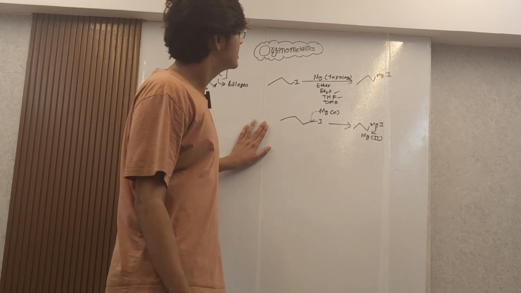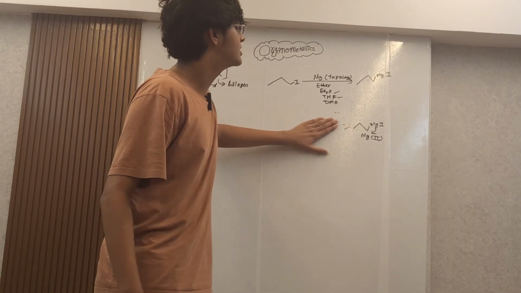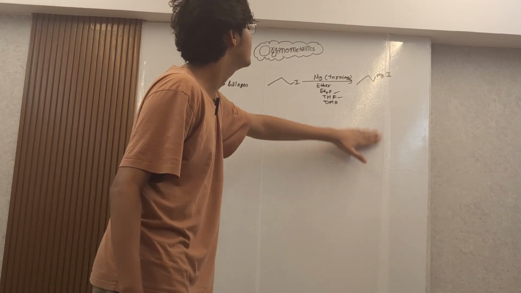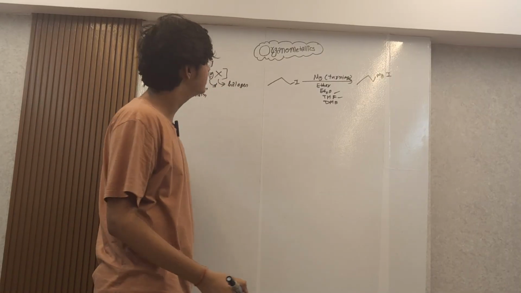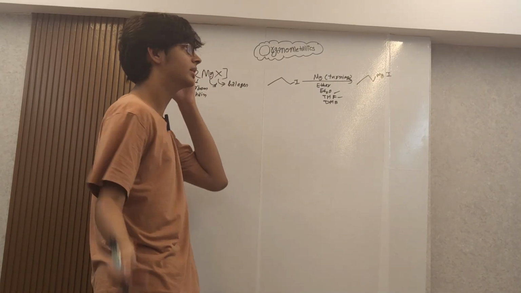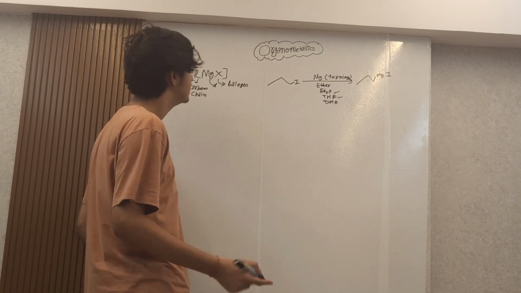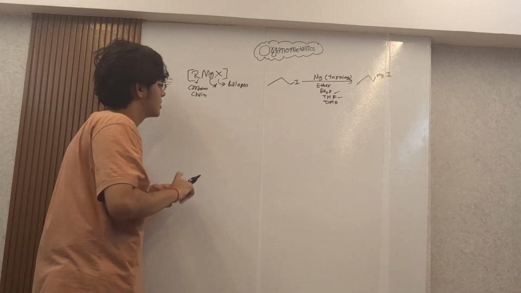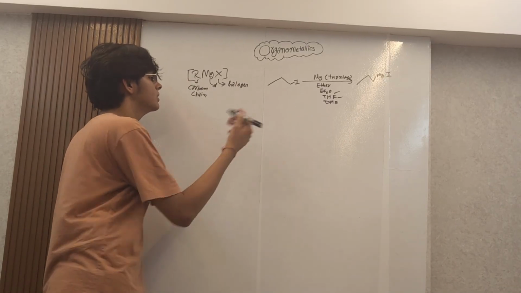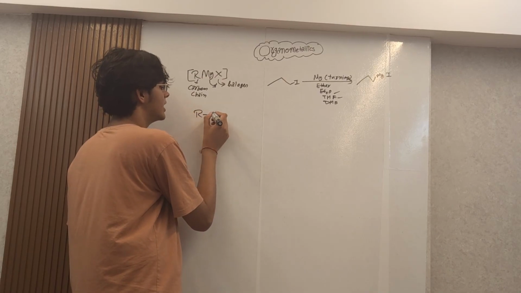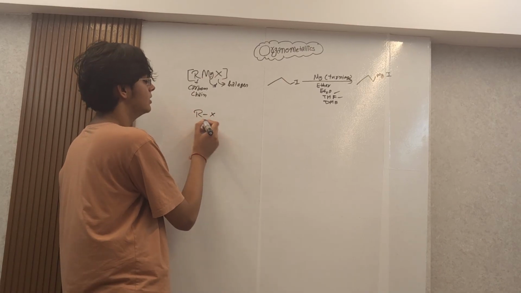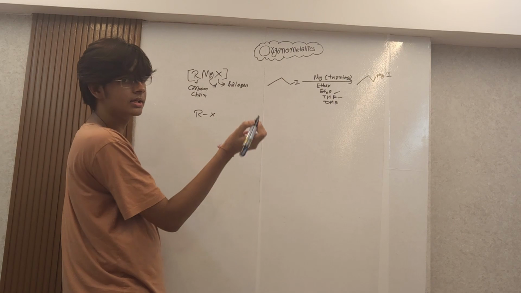The mechanism that I'm going to tell you is a free radical reaction. It is accepted in many places, but it is not the correct one, because we don't know what's happening in the actual reaction. So let's talk about the mechanism of this preparation. Let's take R and X. This is an alkane or any carbon chain. This is a halogen.